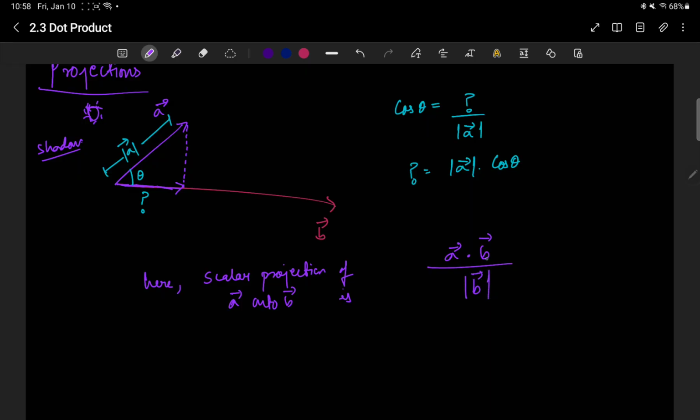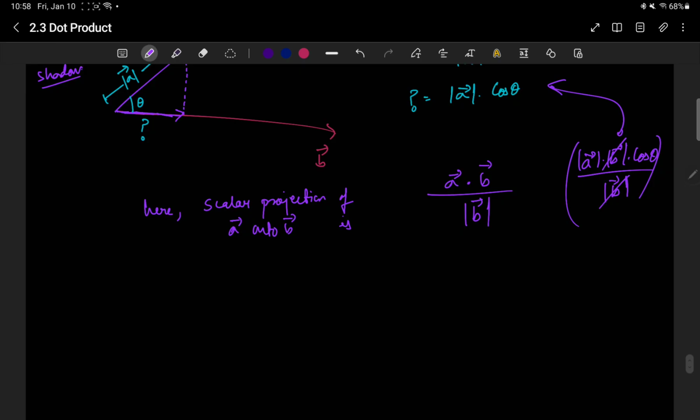Think of it. What is A dot B? That's magnitude of A, magnitude of B, cosine theta. And when I divide by magnitude of B, they get cancelled, right? So this is magnitude of A, magnitude of B, cosine theta, over magnitude of B. Cancel. What is left? That's exactly what the projection is.